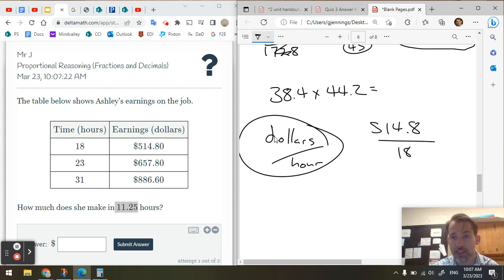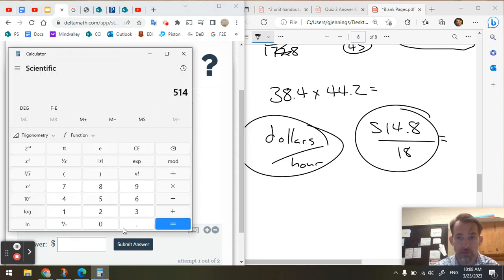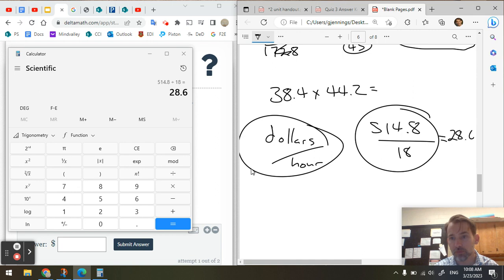514.8 divided by 18 equals, those numbers came from here. Okay, so I can use those numbers to find the dollars per 1 hour. So let's go. 514.8 divided by 18 equals 28.6. So she makes $28.6 an hour.